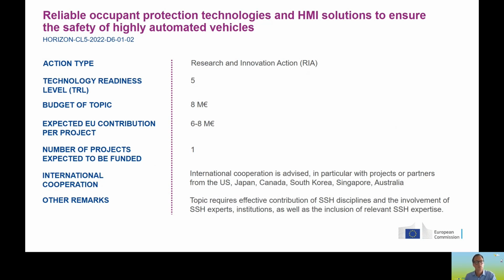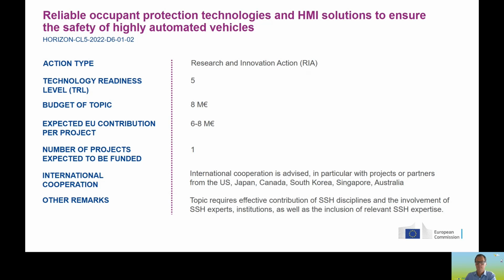The second topic that will open soon is on the occupant protection technologies and human-machine interface solutions to ensure the safety of highly automated vehicles. So compared to traditional driving, there will be new requirements, new challenges. And we would like to see occupant protection systems for connected and automated vehicles.